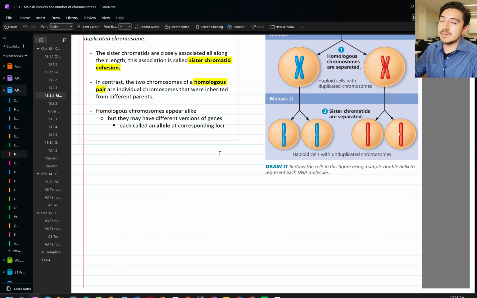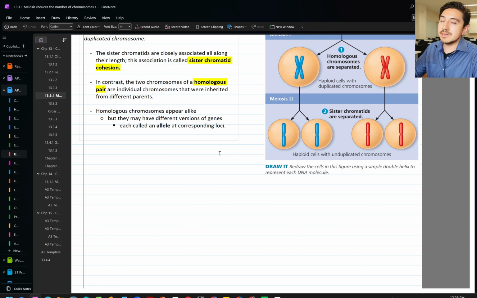They contain the same genetic information in terms of locus, and just the genes that we're referring to. I'm going to show you a visual on what I mean by that. We can have different versions of genes, referred to as alleles, at particular loci, or the locus, the locations in which the genes are found.